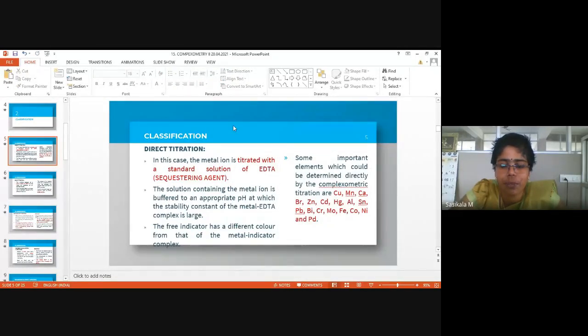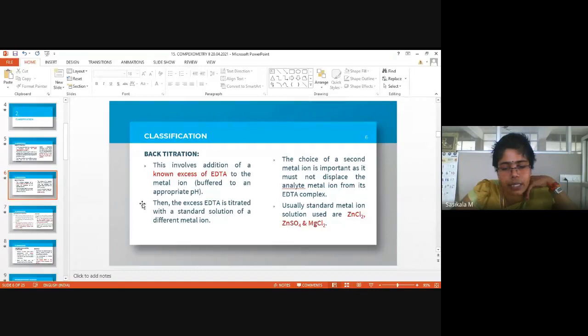A salt of the metal ion will be taken, for example copper chloride or copper sulfate. When it is in solution form, it will exist as ions, and that ion will form a complex with EDTA. That is the concept here. Understood? Now let's move on to back titration.